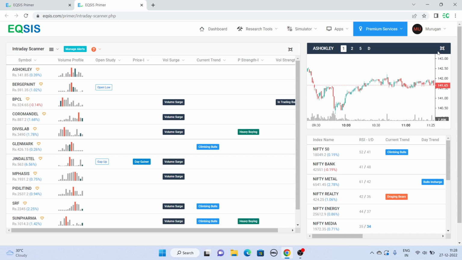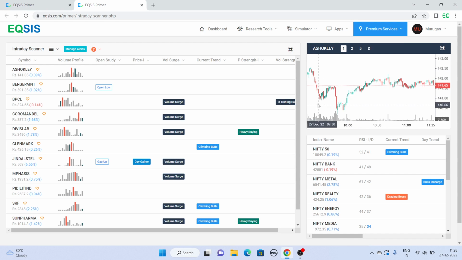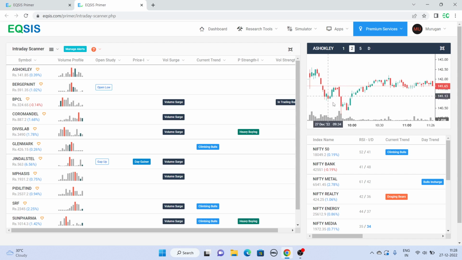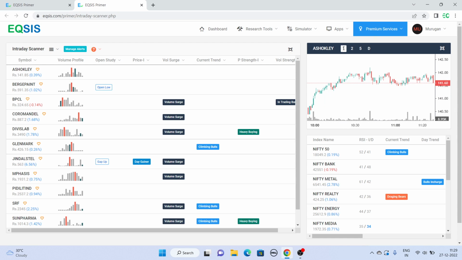Look at this company, Ashok Leyland. At the beginning of the day, it did have an impulsive way of moving down, but unfortunately it started breaking the top in a way that violates the market structure, and it witnesses a kind of supply coming around almost at the top area as well.